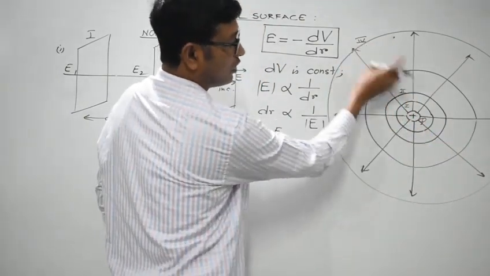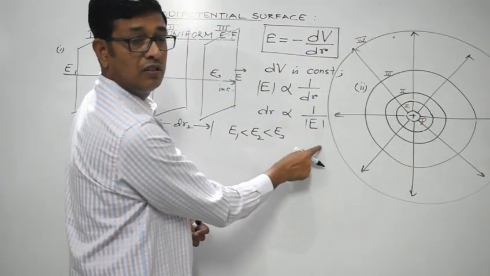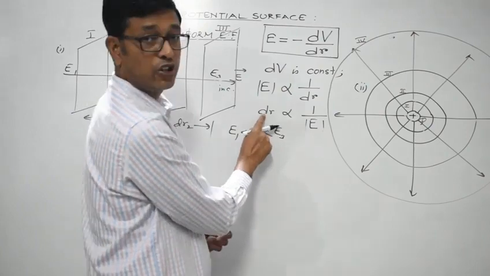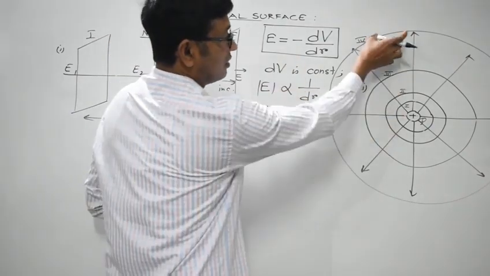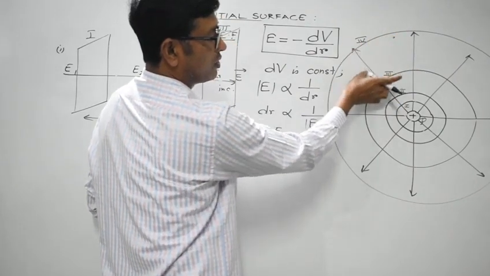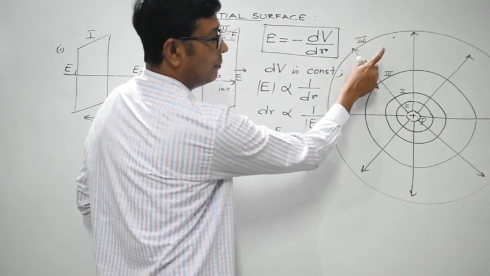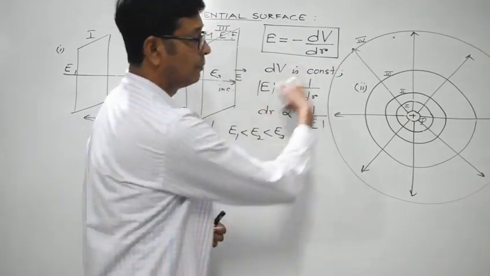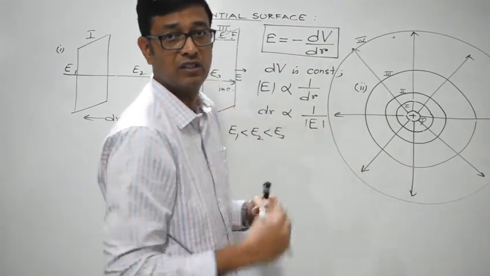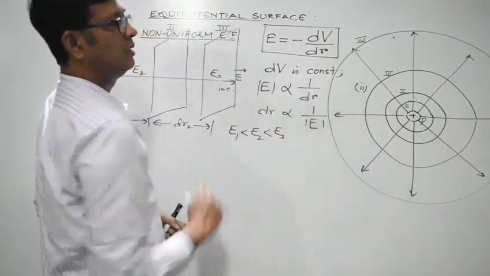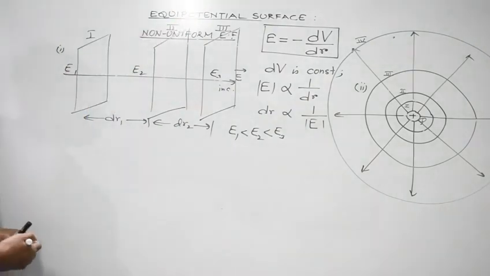While in a region which is far away from the source charge, the strength of the electric field will be smaller, and accordingly, the separation between the equipotential surfaces will be larger. So this large separation between the equipotential surfaces is indicative of the fact that in this region the electric field is much, much smaller as compared to the region where the equipotential surfaces are crowded. So these are some very, very important diagrams which might be asked in the context of equipotential surfaces.